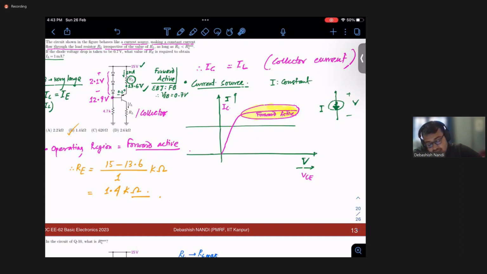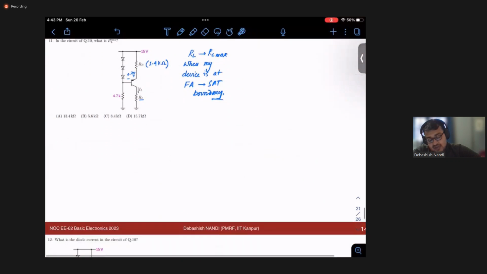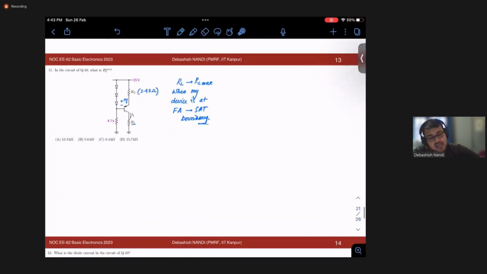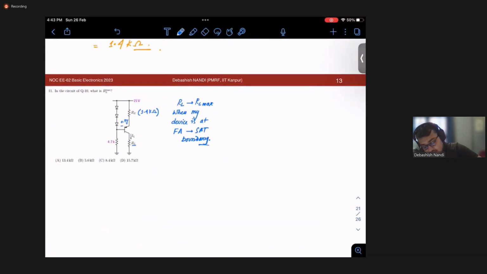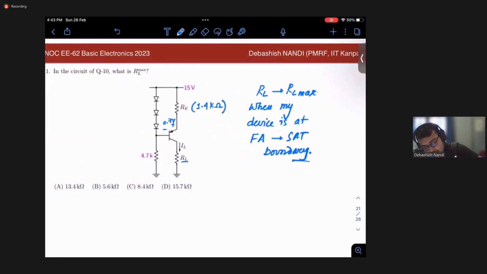So my RL max will be at this boundary, that means my forward active and saturation boundary. From that, what we can deduce is that this voltage will be 0.2 volt, right?